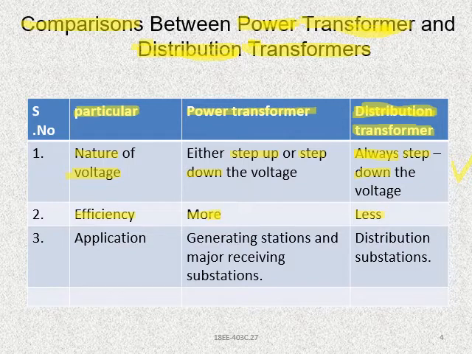So here, since the load is falling on the distribution transformer, it consumes lots of current, and by that it causes huge copper losses. So the losses are high, obviously the efficiency gets reduced. Whereas in a power transformer the losses are less, so the efficiency is more. Make a note of this.